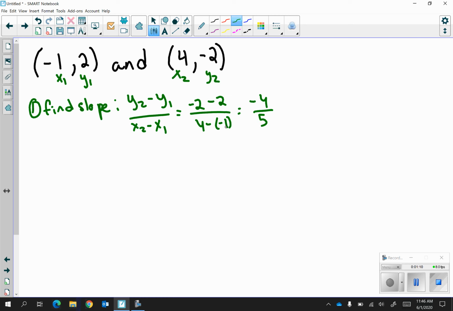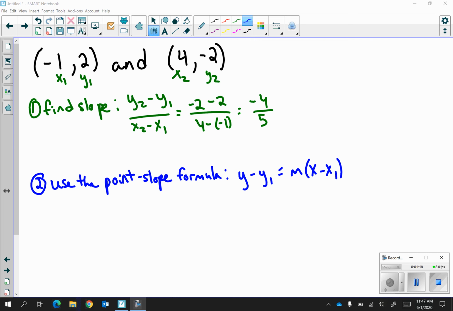Now that you have the slope, you're going to want to write the equation. And the equation is going to come from the point-slope formula. So now I have my point-slope formula, and you might notice that this is close to y equals mx plus b.